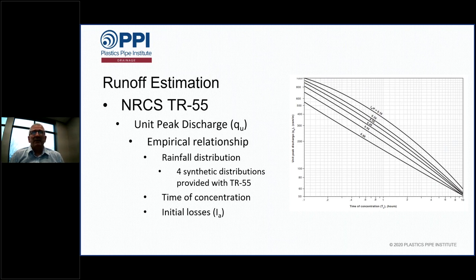That's how they grouped it. And so we end up with different charts for each of those 4 groups. In order to look at this unit peak discharge, we need a time of concentration, and we need this IA, the initial abstraction, divided by the rainfall P. For different values of IA over P, we can go into this chart and find out what our unit peak discharge is based on different times of concentration.